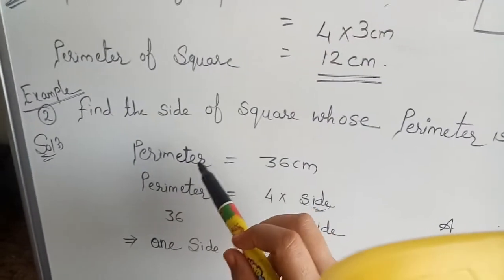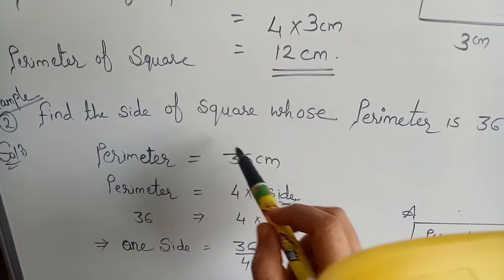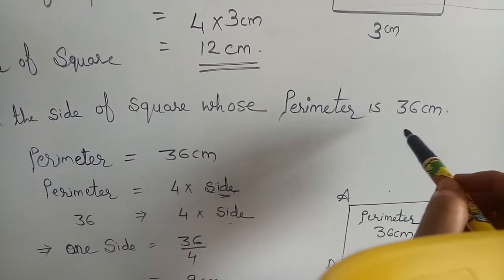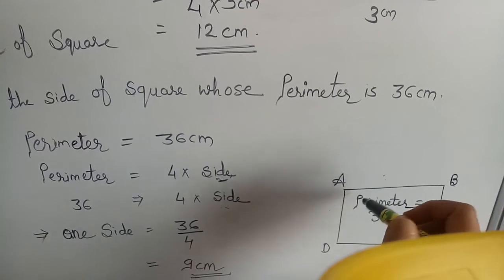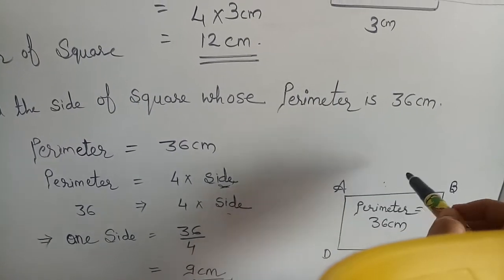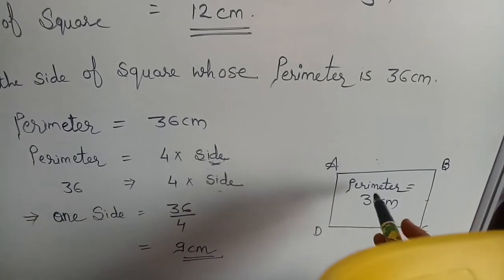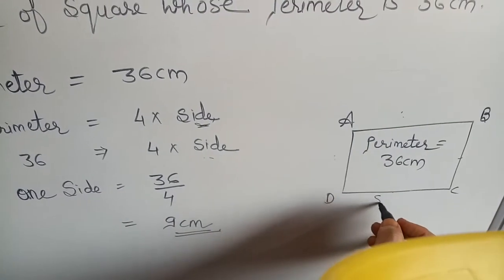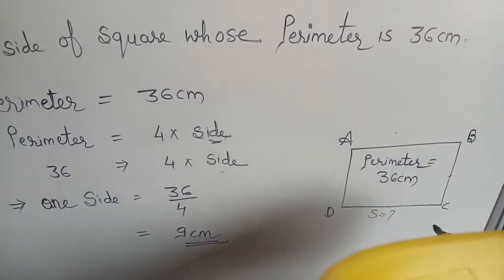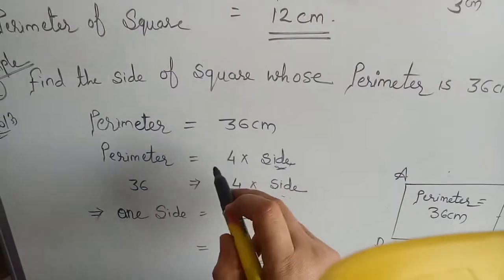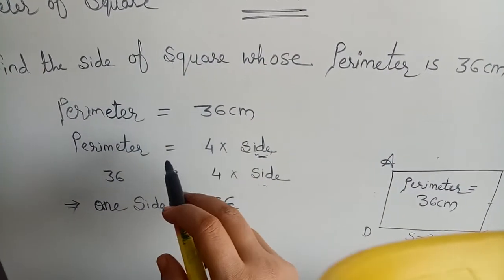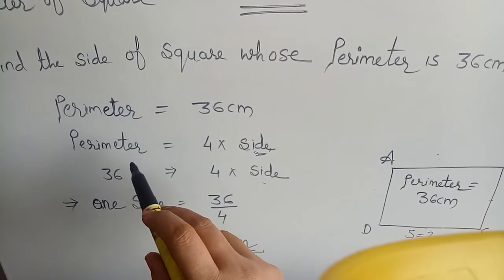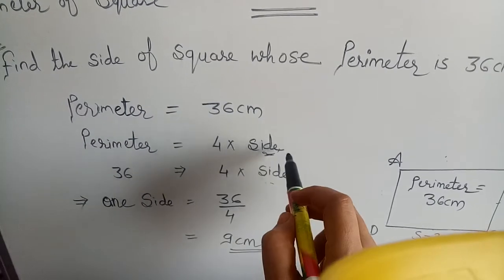See once again, we have to find the side of the square whose perimeter is 36 centimeter. Here the perimeter has been given. Earlier we were finding this perimeter. Now here we have to find the value of side. So perimeter is equal to 36, and after applying the formula, perimeter is equal to 4 into side.